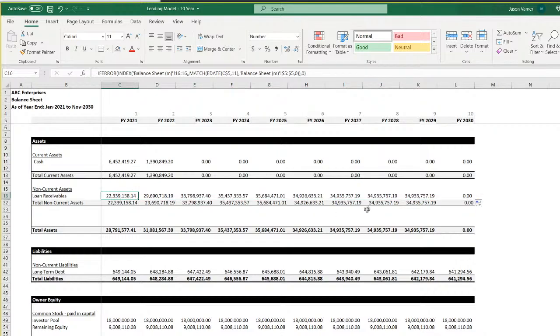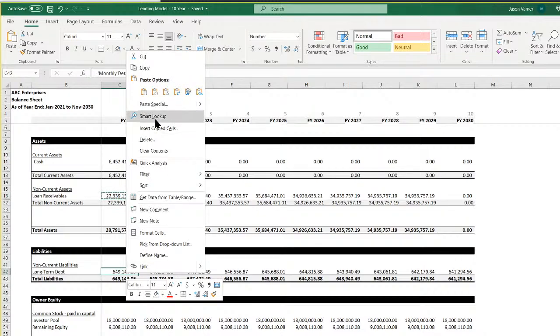Now this won't technically give you the perfect number because if we end in year 10, it's going to say the end of year 10 is 0. But in end of year 9 is some number that could be different. It's okay though, because this is just year-ended balance sheet. So it's doing the best it can.